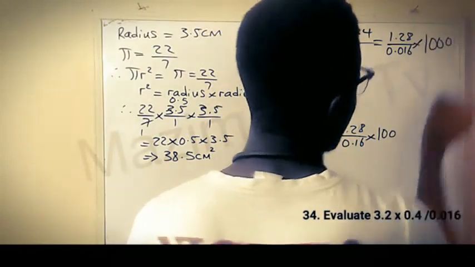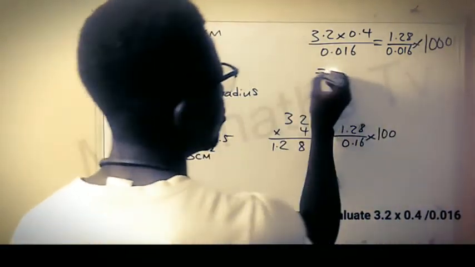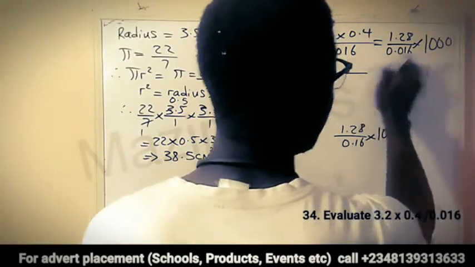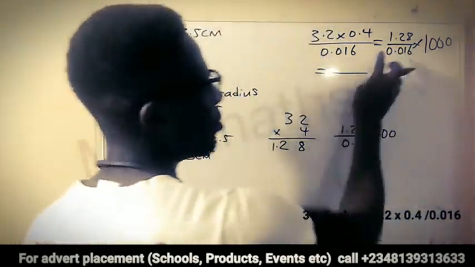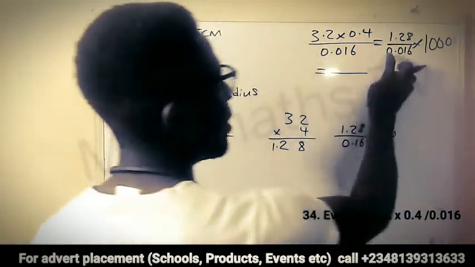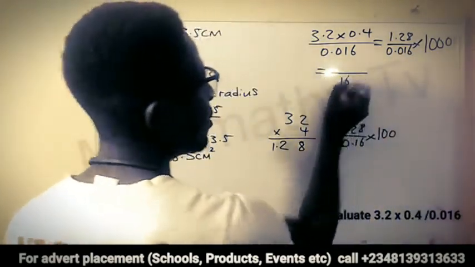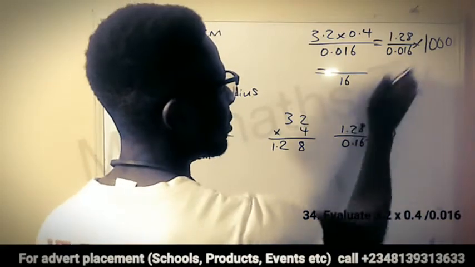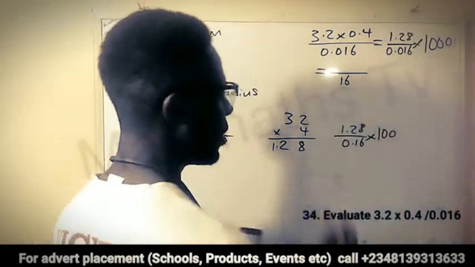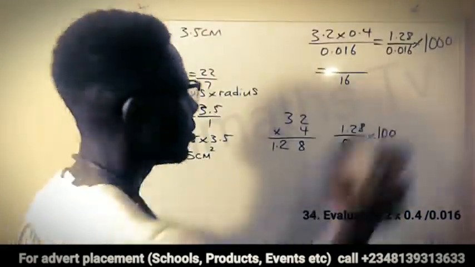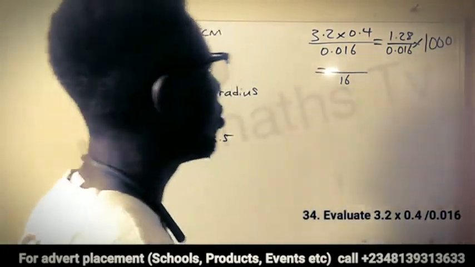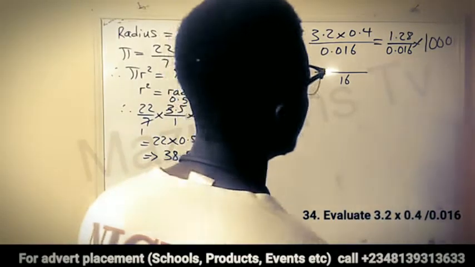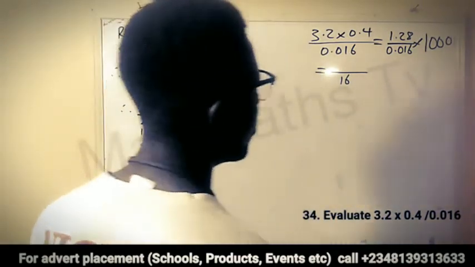When you multiply the bottom number by 1000, all you need to do is take away the point, because you can check on your calculator, you get 16. So it's the top one that we are really after. When you multiply the bottom number by its value, you just take away the point, but the top one is what you really need to work on.